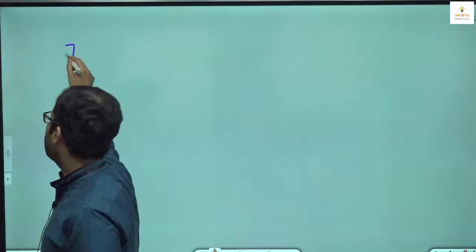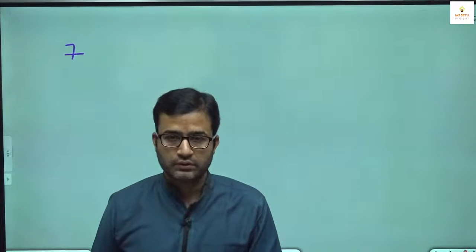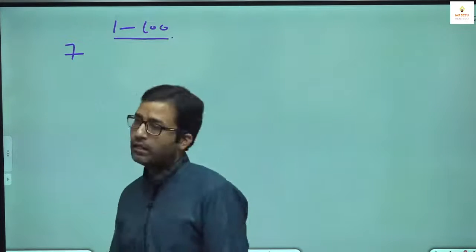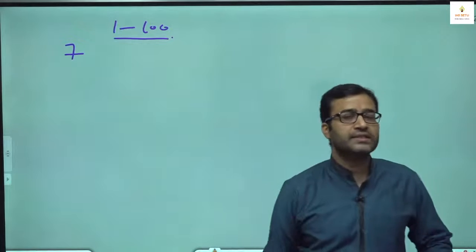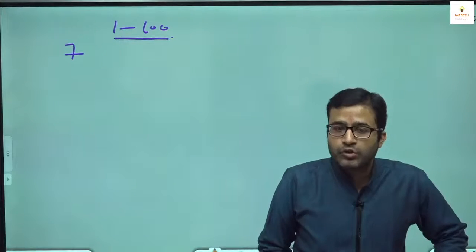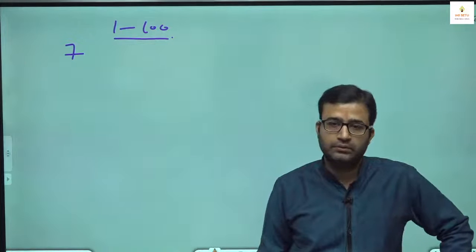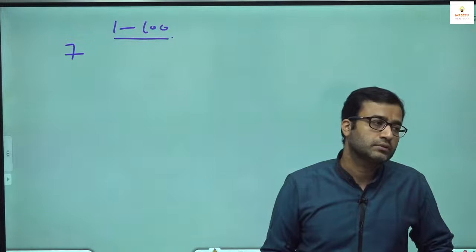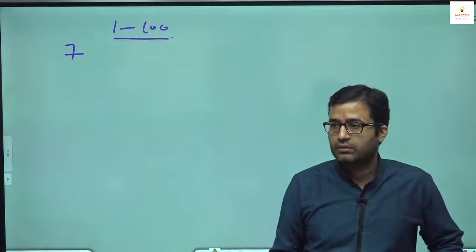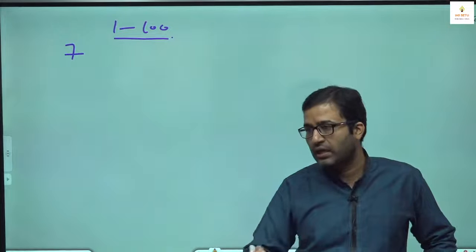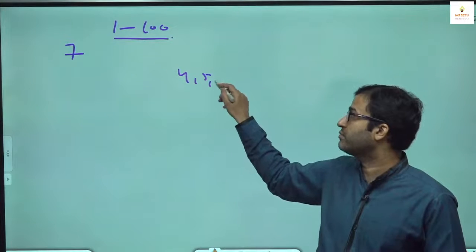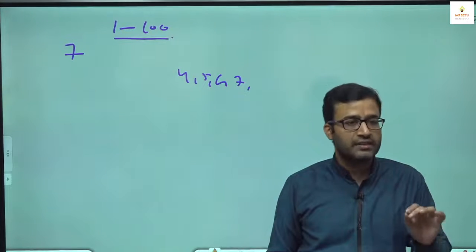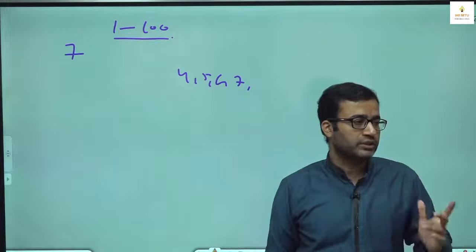Can you tell me 7 consecutive natural numbers from 1 to 100 which are composite numbers? साथ के साथ लगातार composite number. सर 7 consecutive का मतलब होता है लगातार, जैसे 4, 5, 6, 7. You have to tell me 7 consecutive natural numbers which are lesser than 100 but composite.